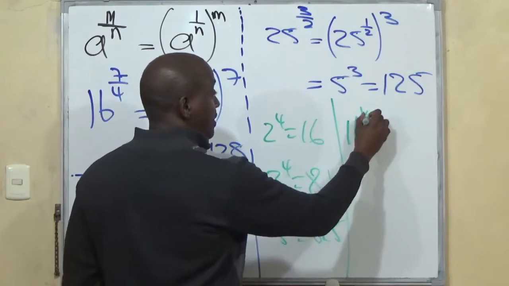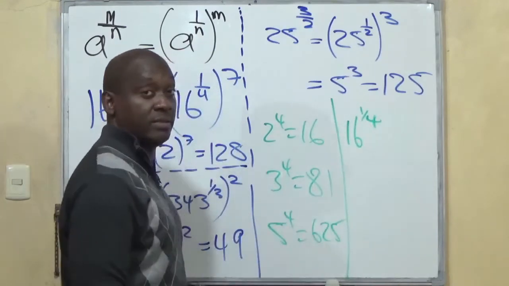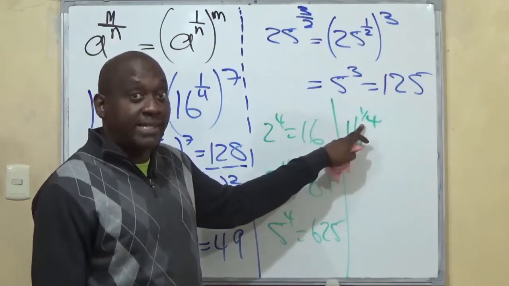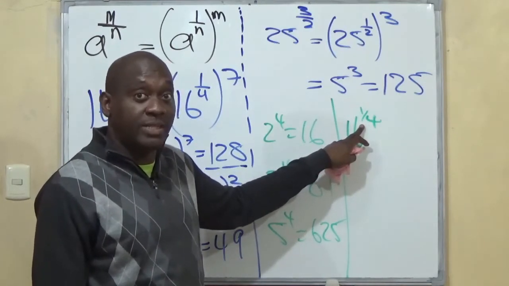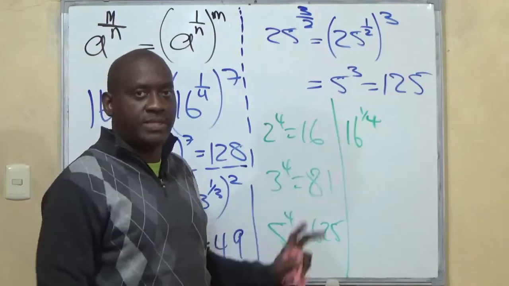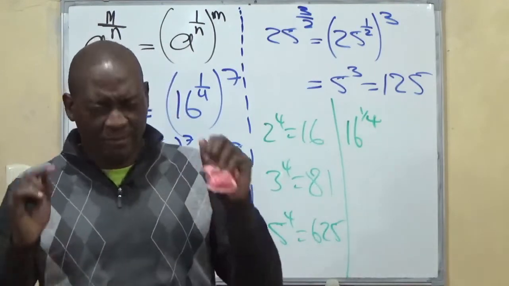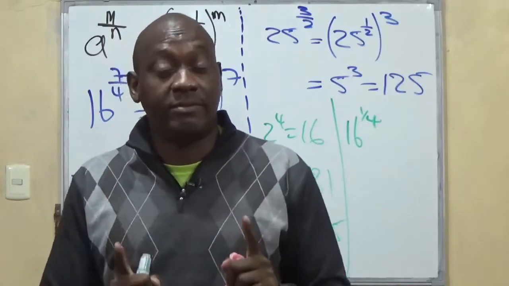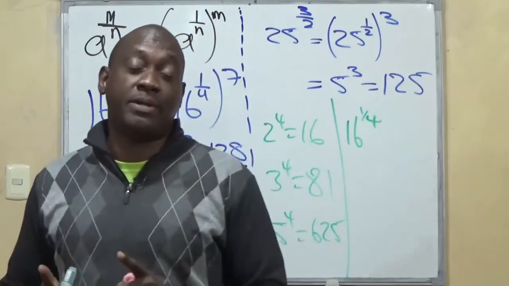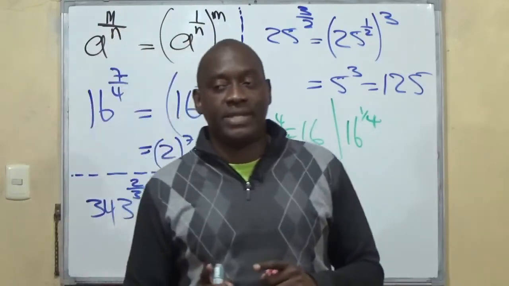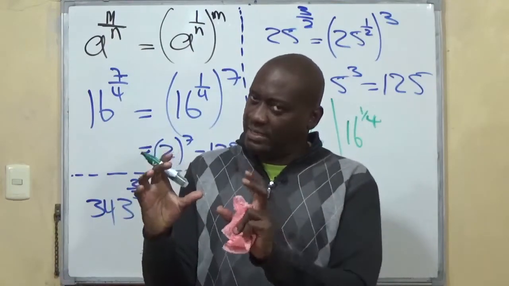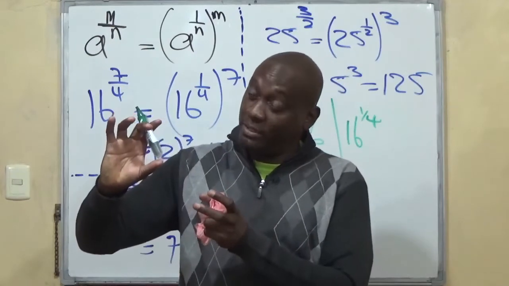You see how careful you have to be when you're writing these things? If I write this 1 over 4 too big, it will look like 16 1/4, which is not what I'm trying to say. So I just want to take this opportunity to encourage you, be very, very careful of how you write this stuff. Especially with this topic of powers and indices, because there is a very specific need to write the powers a little smaller and up in the right hand corner.